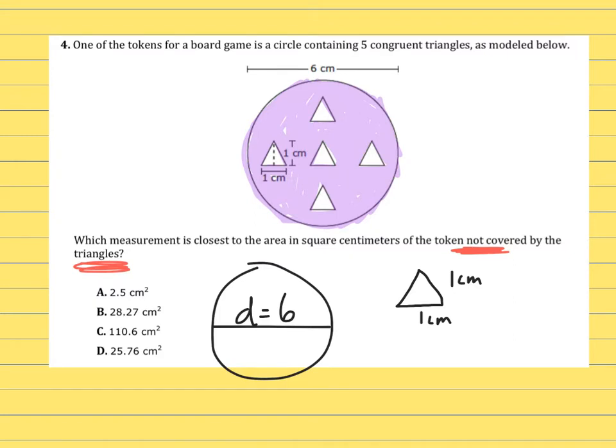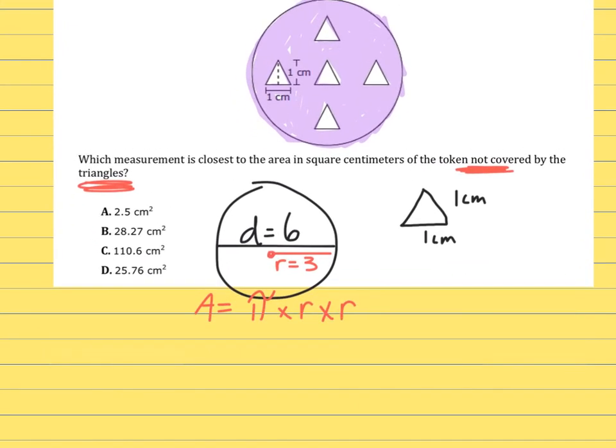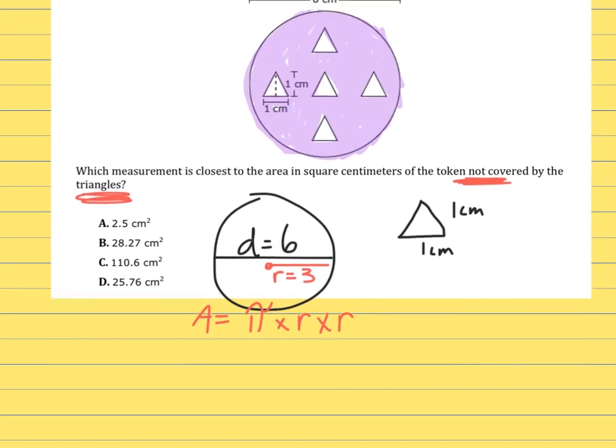I can find the area of the circle. And the area of the circle is pi times radius times radius. A radius is only halfway across. So radius is going to be 3. I'm going to move all this up a little bit just for the video. Now I can substitute that number 3 in. And instead of pi, I'm going to do 3.14.